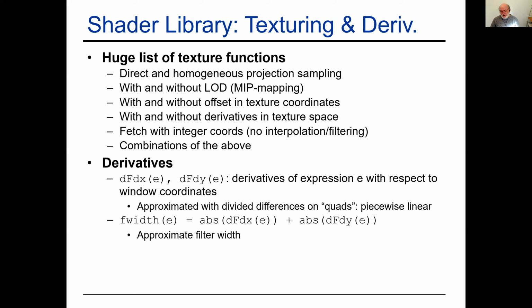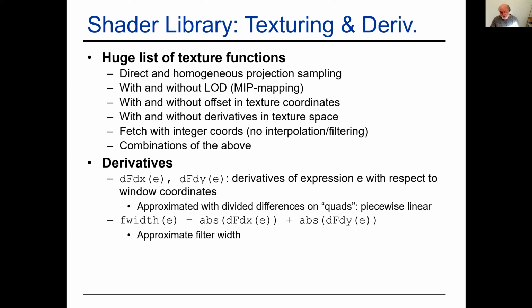Essentially what these shaders and expressions are doing is they simply compute the values of that expression. And then when they come to the point where they take the derivative, they simply look up the value of the expression in the horizontally or vertically neighboring pixel, and take these differences as the derivative.